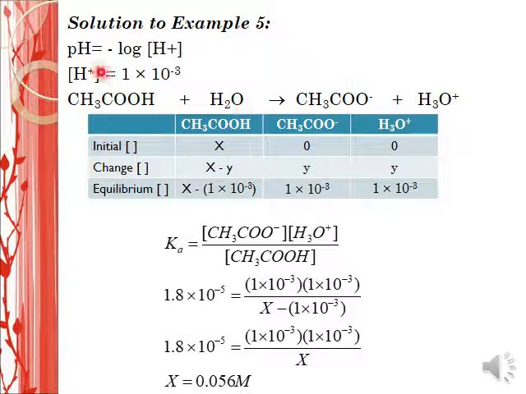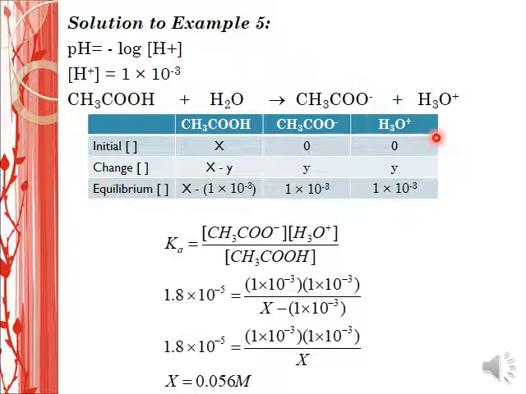If you don't know the formula for acetic acid, you can abbreviate because it's a monoprotic weak acid, like nicotinic acid just now. So this is the formula for acetic acid: CH3COOH plus H2O dissociate into CH3COO minus and H3O plus.